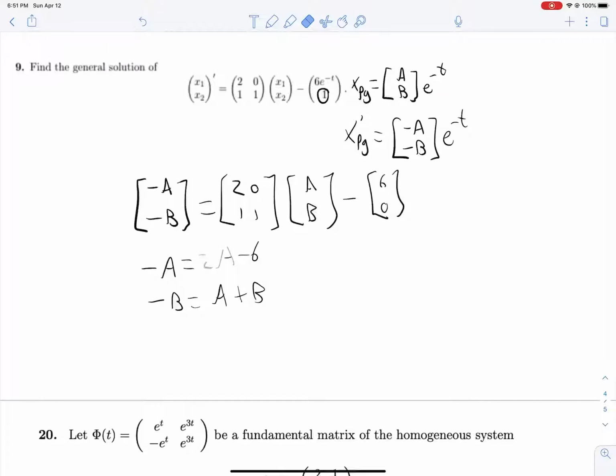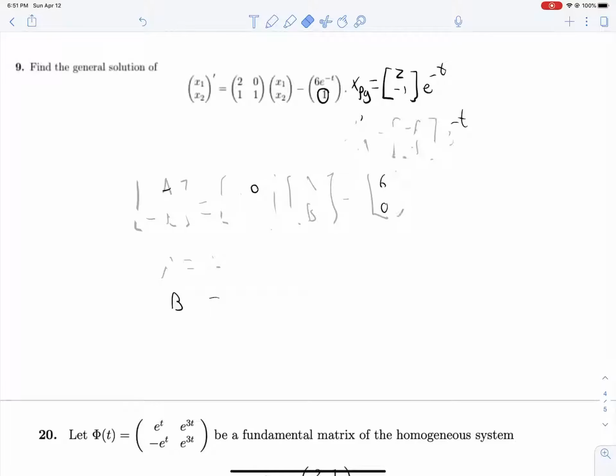Subtracting here, you'll have minus 3a, or 3a is just equal to 6, a is equal to 2. Subtracting this, negative 2b is equal to 2, so b is equal to negative 1. So we can go up here and replace our a with a 2 and our b with a negative 1. And that is half of our job done.